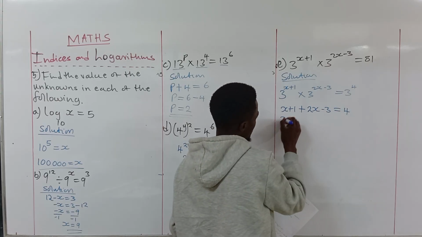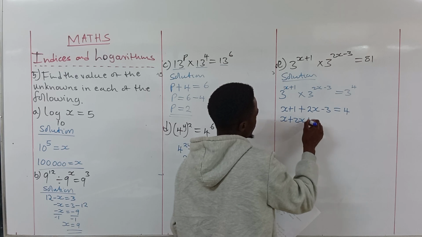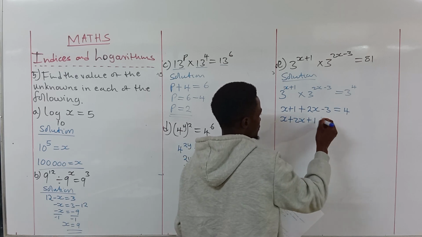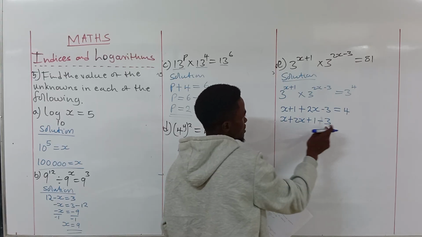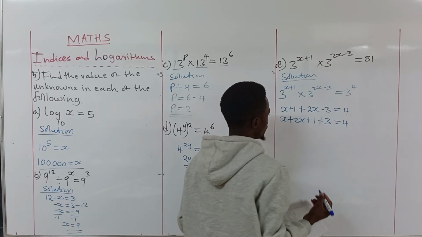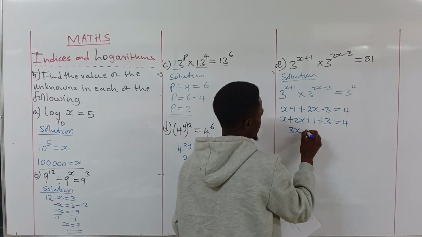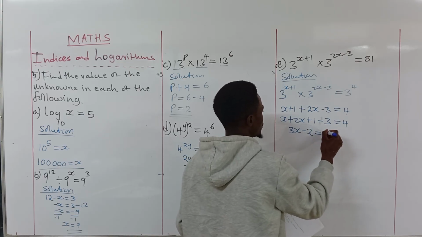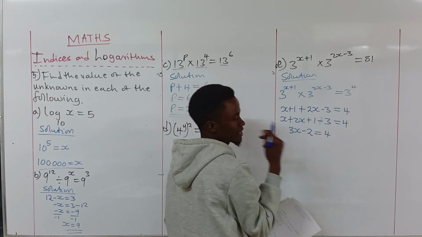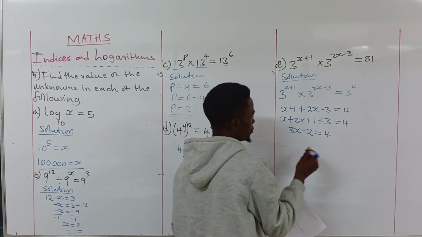So x plus 2x plus 1 minus 3 is equal to 4. So 3x minus 2 is equal to 4. Why? 1 minus 3 is the same as negative 2.